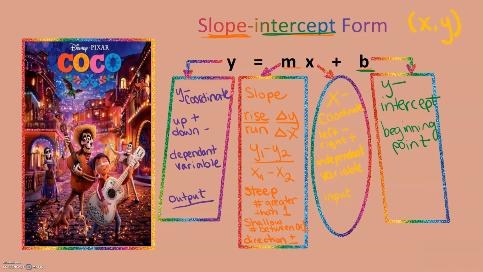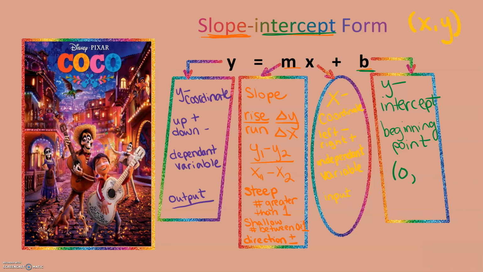That b is not just the intercept, it's the y-intercept. And that y-intercept says that it crosses through the y-axis at that place. That is where we begin. That value of b tells us where we begin. That beginning point as an actual coordinate point, our x would be 0 because we're not moving left or right at all.